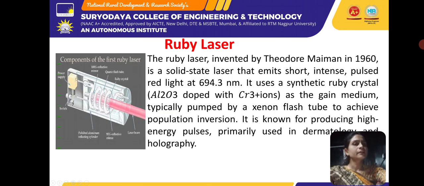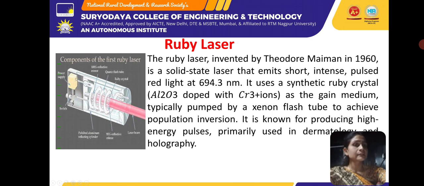Then we will discuss in short what is ruby laser. Ruby laser was invented by T. Maiman in 1960, which is a solid state laser that emits short intense pulses of red light at 6943 Angstrom.